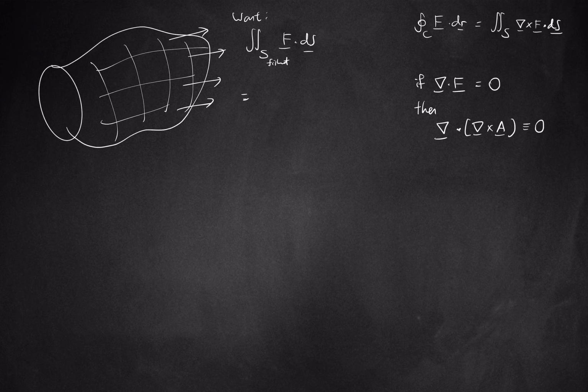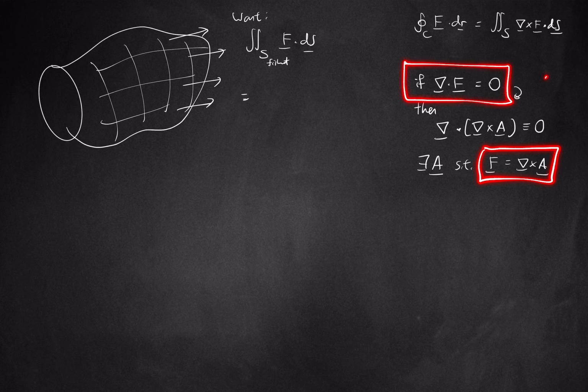So there should exist another vector field, let's call it A, such that F is equal to the curl of A. Okay. So once again, this is possible if this is possible. All right, so let's deal with this case first, because we talked about fluids. Often this is true for fluids.